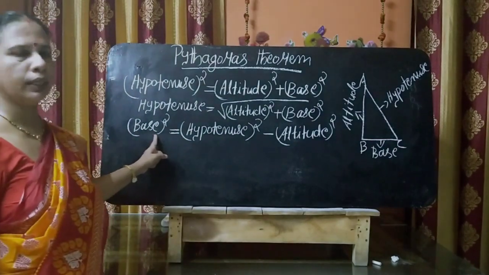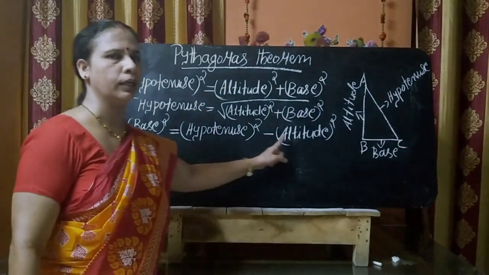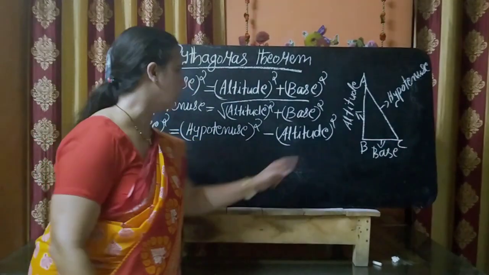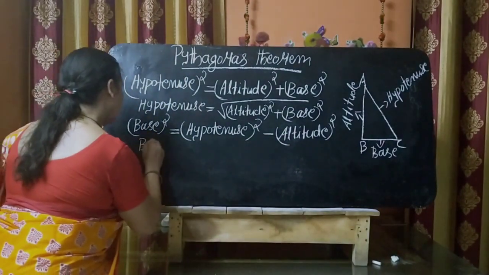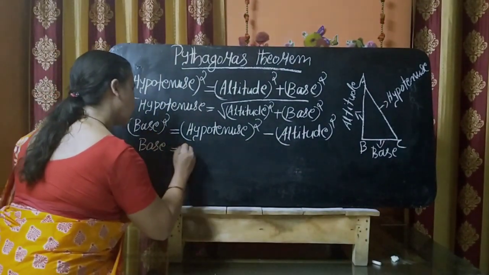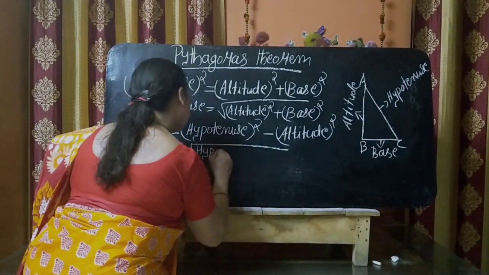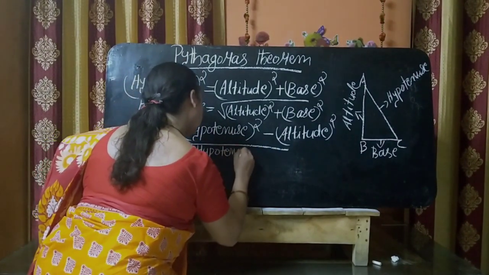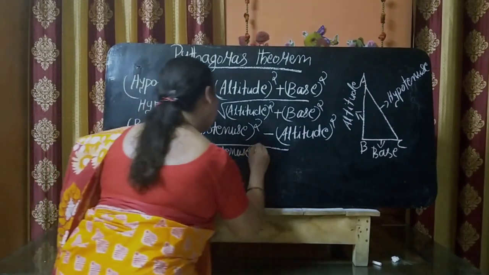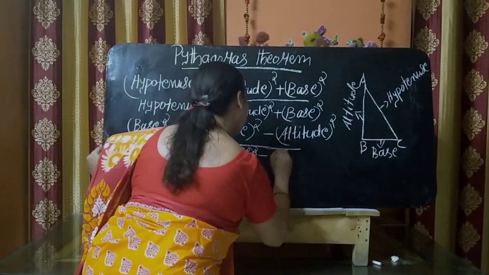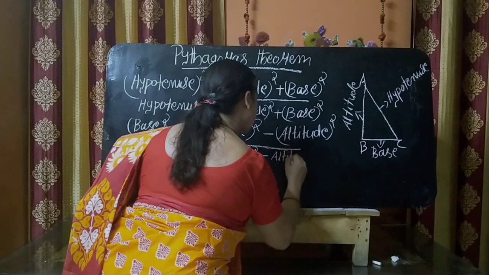Here base square equals hypotenuse square minus altitude square. Next base. Base equals square root of hypotenuse square minus altitude square.